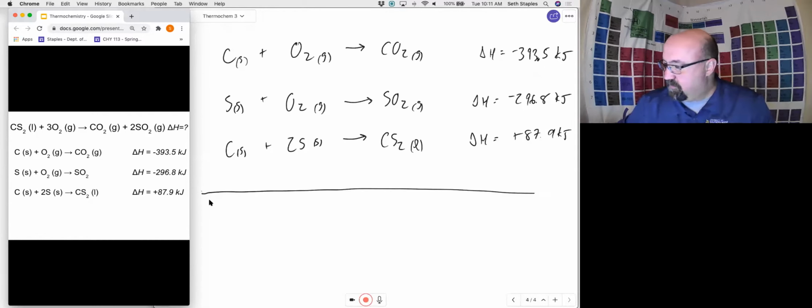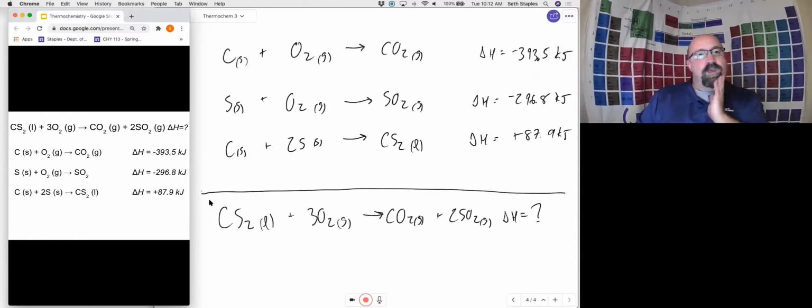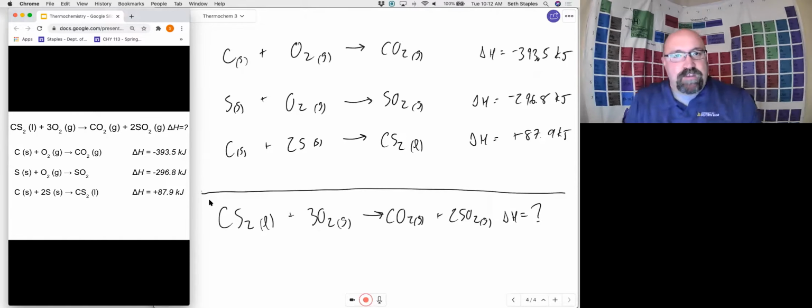Leave a little bit of space and then write in our target equation. There. That's just rewriting all our information in a way that we can now work the problem.